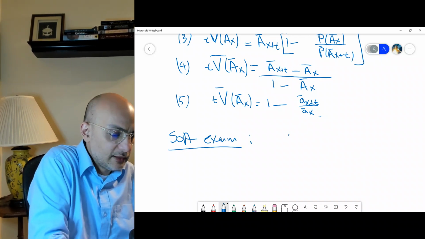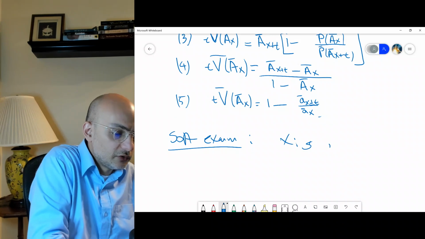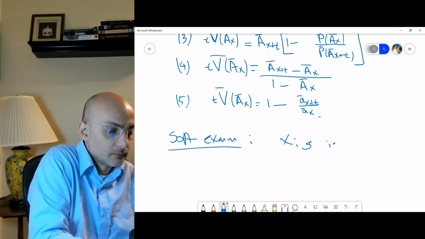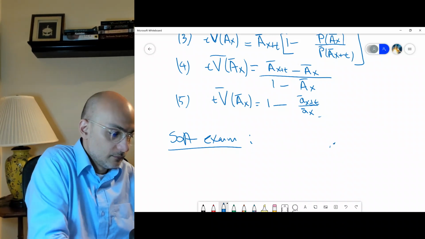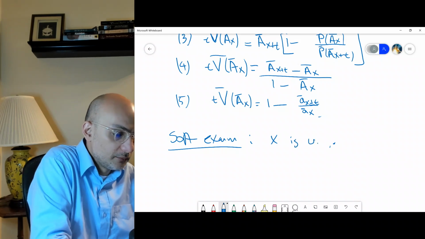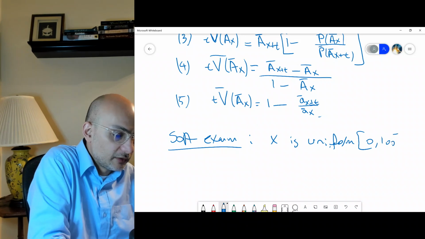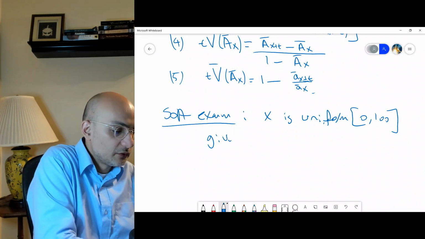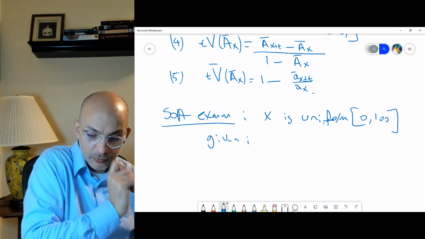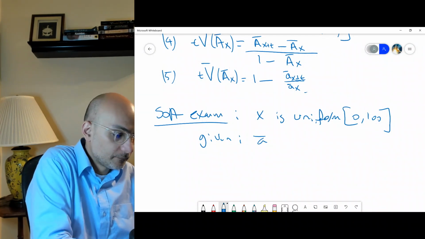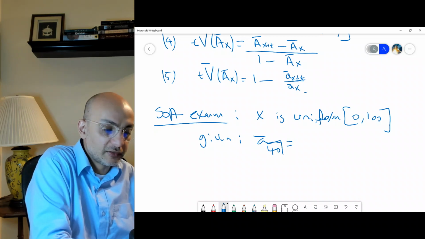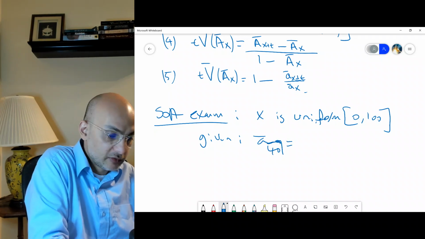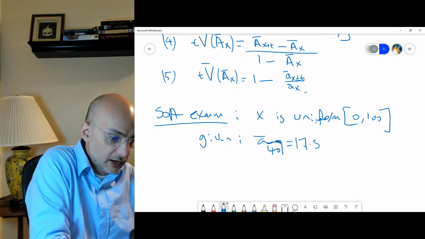It says that X is uniform between 0 and 100, and we are given some information here. The first one you are given is A40. This is the annuity certain. A40 is 17.58.